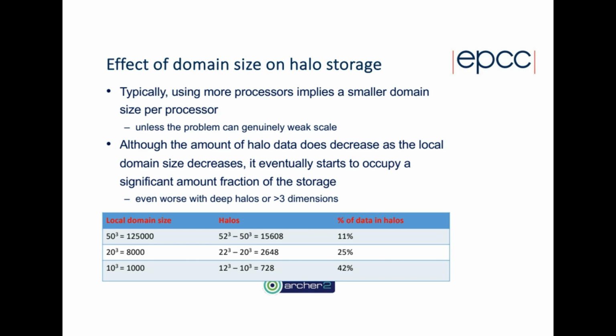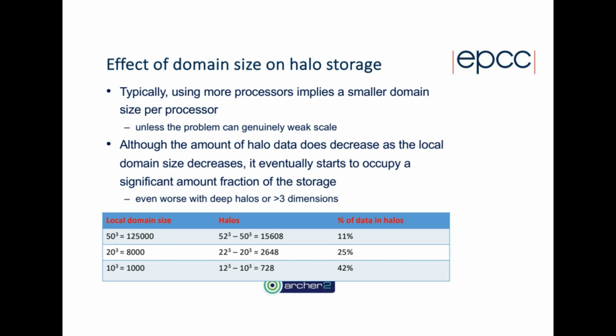Okay, so just to illustrate the effects of domain size on halo storage: typically, using more processors implies a smaller domain size per processor, unless you have a problem that can genuinely weak scale.